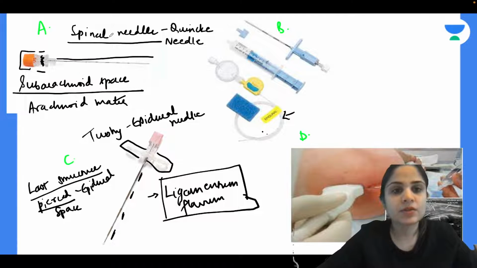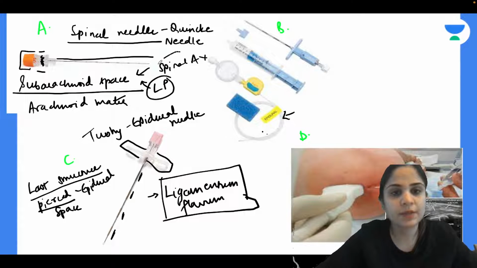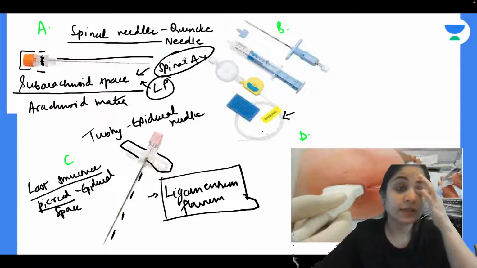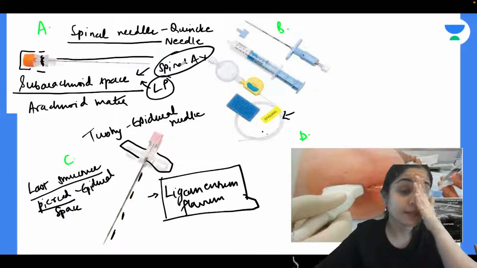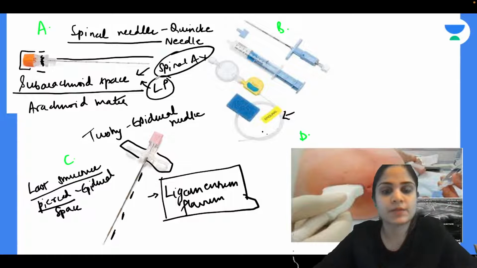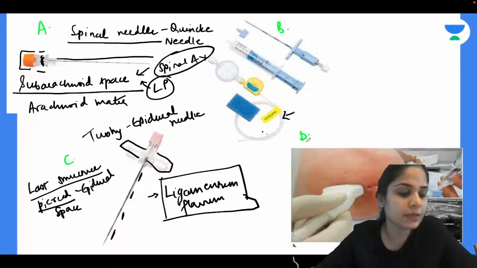And remember, not just giving spinal anesthesia, this space is used for two things. One is to give spinal anesthesia, and the second is when you do a lumbar puncture. Lumbar puncture is basically for collecting your CSF. So for collecting CSF also you can use this space. Alright. Now moving on to option B and D. Can you tell me what is there in B and D?